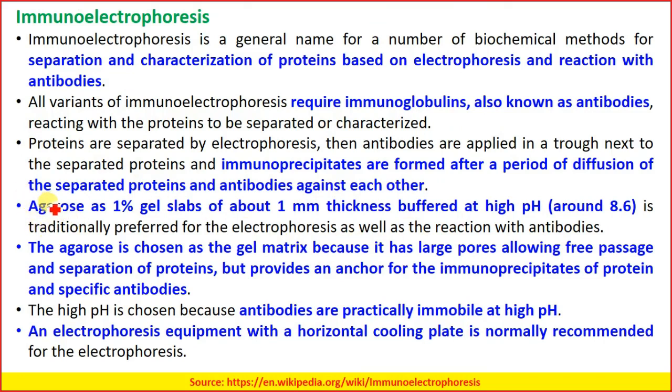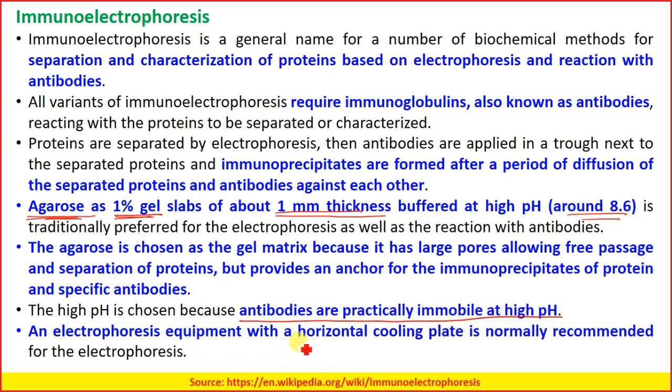Immunoelectrophoresis is usually carried out using agarose gel, which has 1% agarose, and the thickness of the gel is usually 1 mm. It uses a very high pH, approximately 8.6. The high pH is chosen because antibodies are practically immobile at high pH.